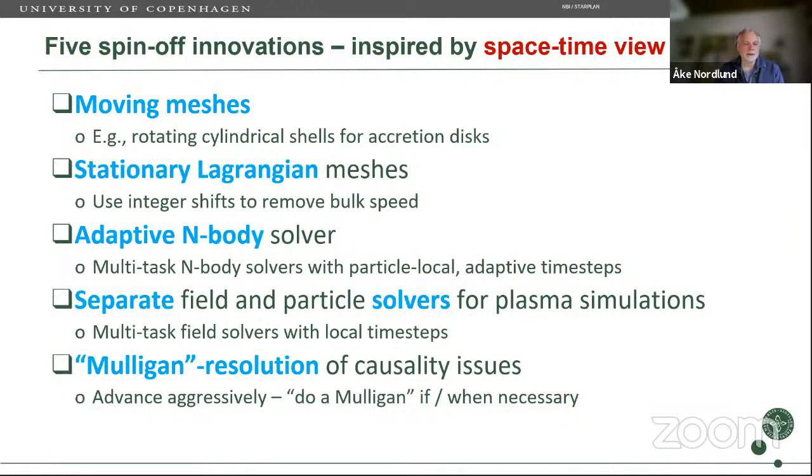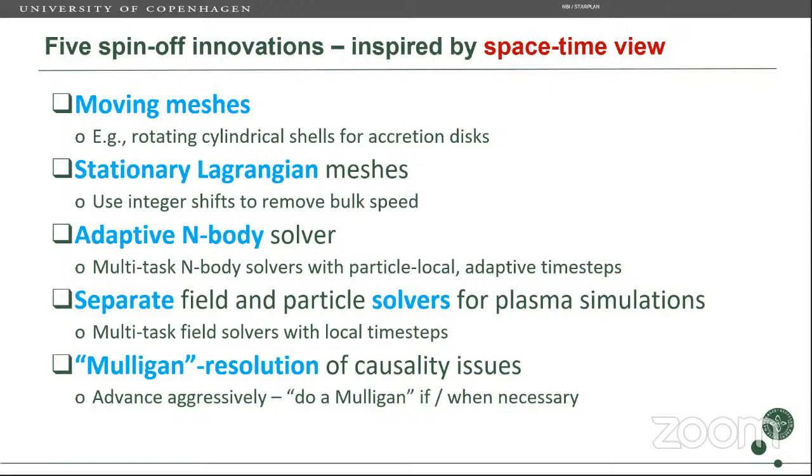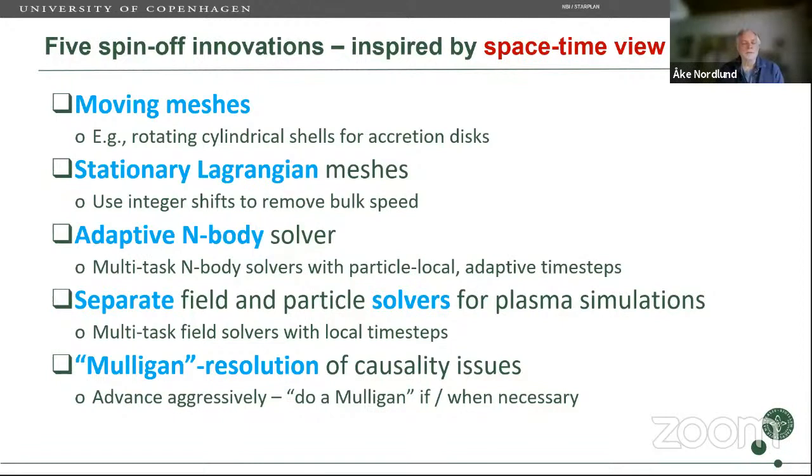Another multitask thing is to have separate field and particle solvers. And the funny application is the so-called Mulligan module. If you have, for example, a cold interstellar medium cell, which takes large time steps, and suddenly a supernova goes off nearby, then that time step may turn out to be too long and you may need to make a do-over.